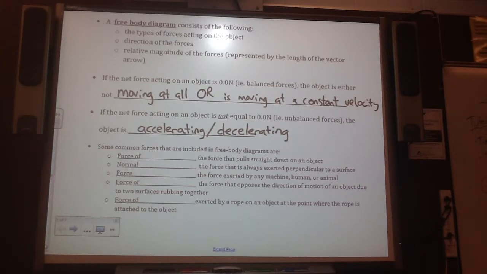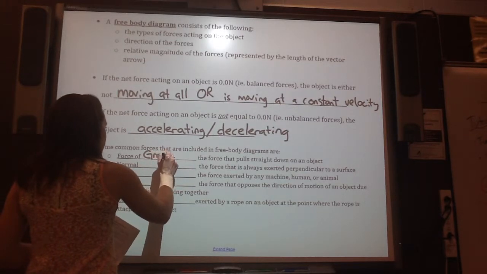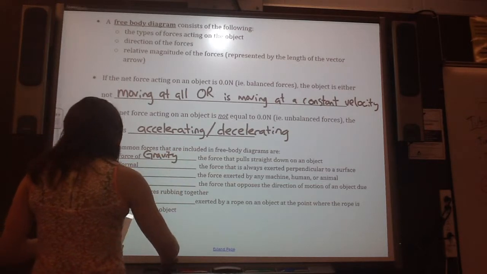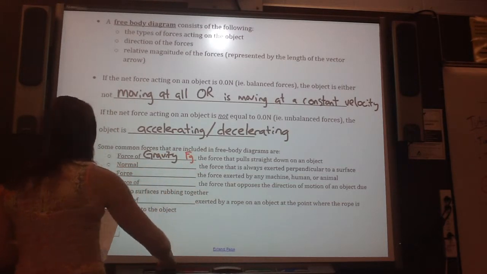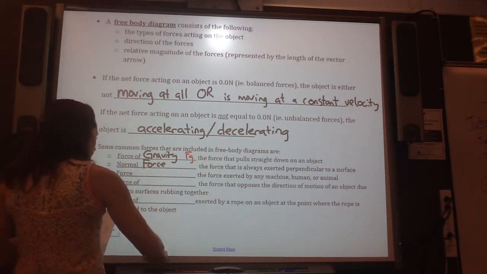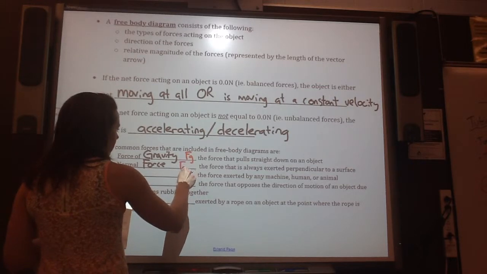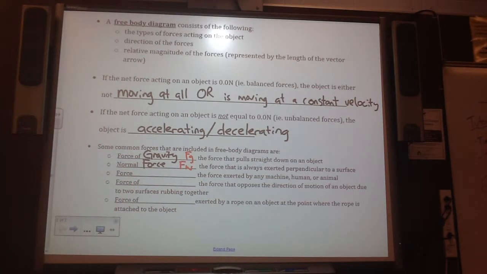Okay, now just a little review of the forces that we did at the beginning of the course. So the first one, force of gravity. We said this is Fg, little g. Normal force is Fn, the force that is always exerted perpendicular to a surface.